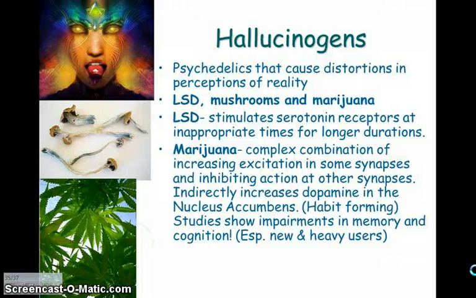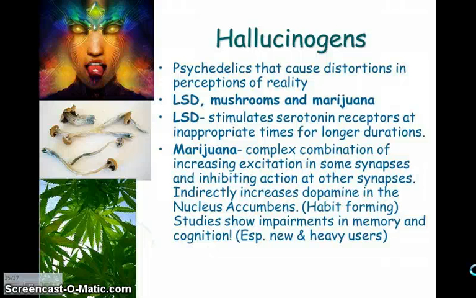Marijuana is very complex in terms of the brain because it does a variety of things. But it also indirectly increases dopamine in the nucleus accumbens, which is why a lot of times people tend to get in the habit of using marijuana.